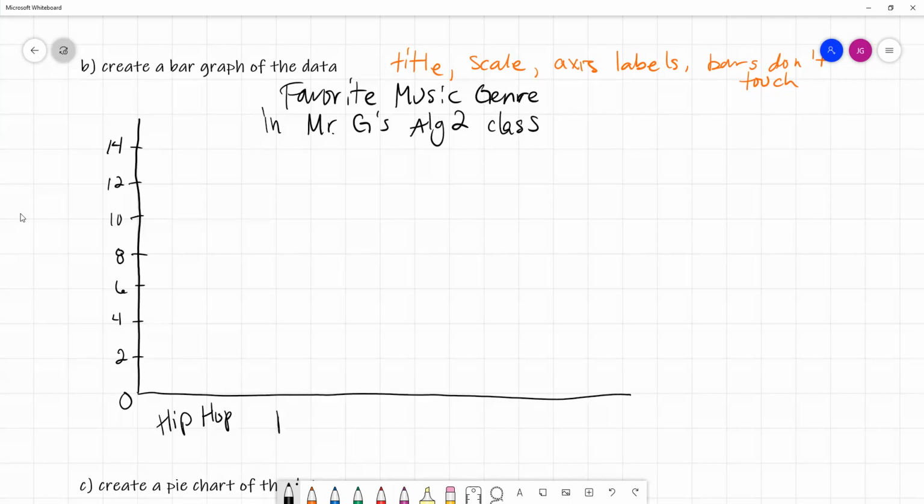And then I have R&B, making sure you're leaving enough room for all of these, right? Pop, country. I'll probably have to extend my horizontal axis a little bit. Rock, and then other. And I am going to extend this a little bit nicely. There we go.